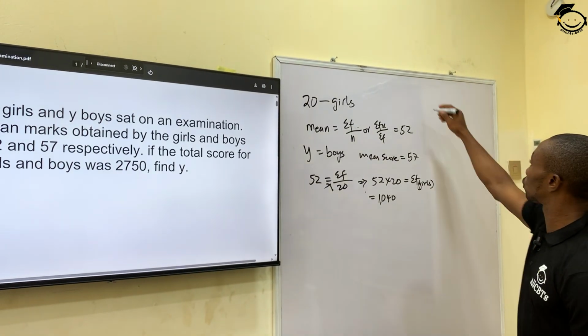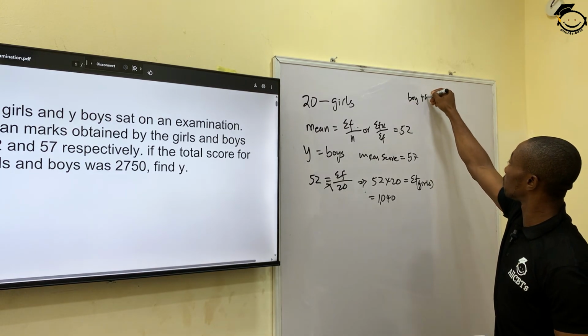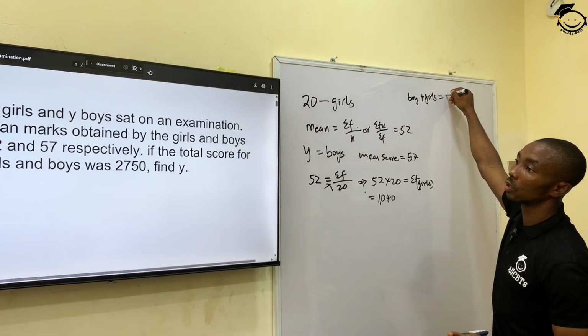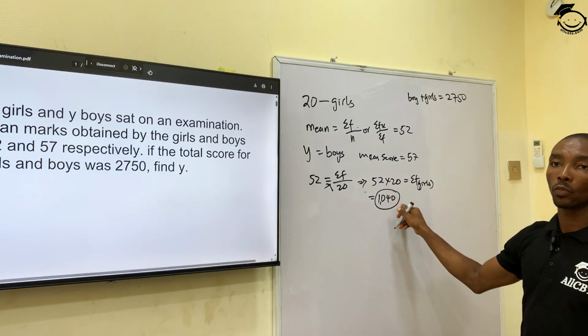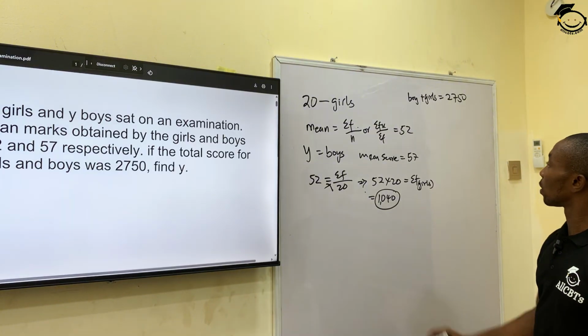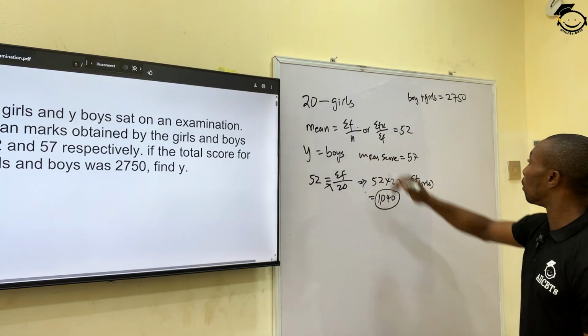And we know that for both boys plus girls, we have it as 2,750. So now, finding that of girls to be 1,040, we can now find the Σf of boys.